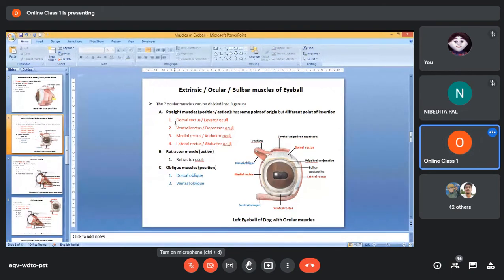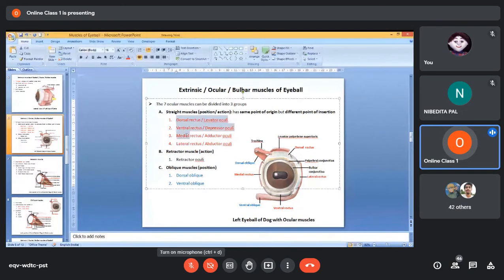Now these straight muscles can be named based on their position in relation to the eyeball or based on their action on the eyeball.